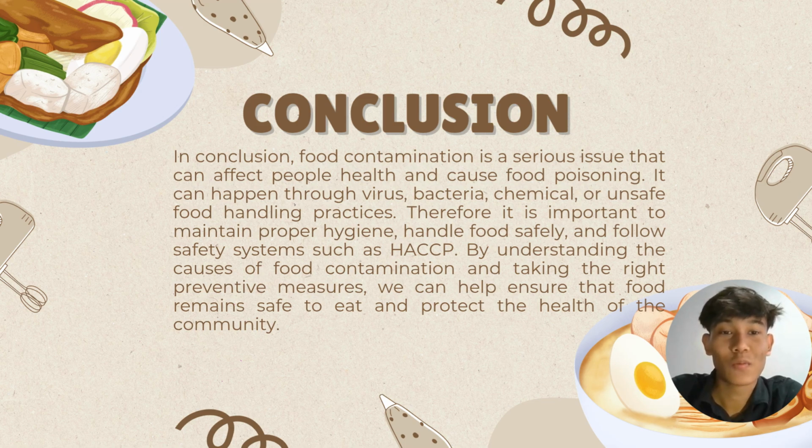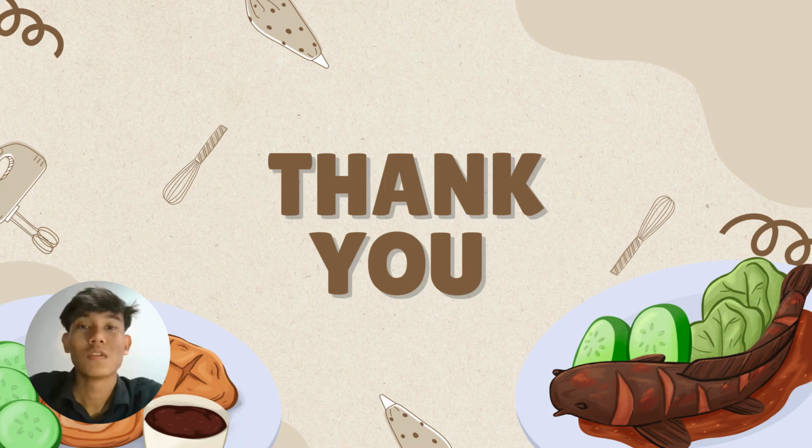HACCP also plays an important role in keeping food safe throughout the food production process. By practicing good food safety habits, we can protect ourselves and others from food-related illness.